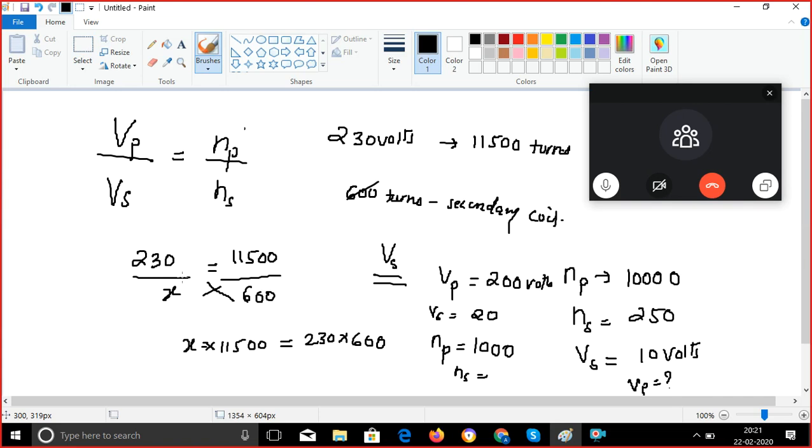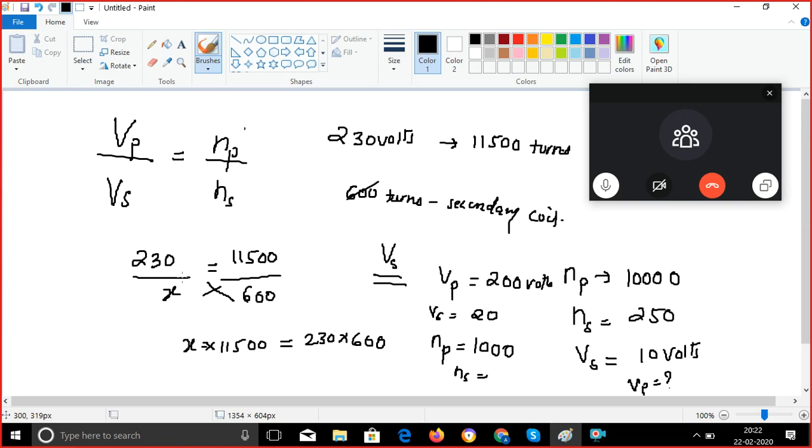So the primary voltage is 200. Secondary voltage is 20. Number of turns in the primary coil is 100, and number of turns in the secondary coil is X. So it's going to be 200 over 20 equals 100 over X. Then we cross multiply.